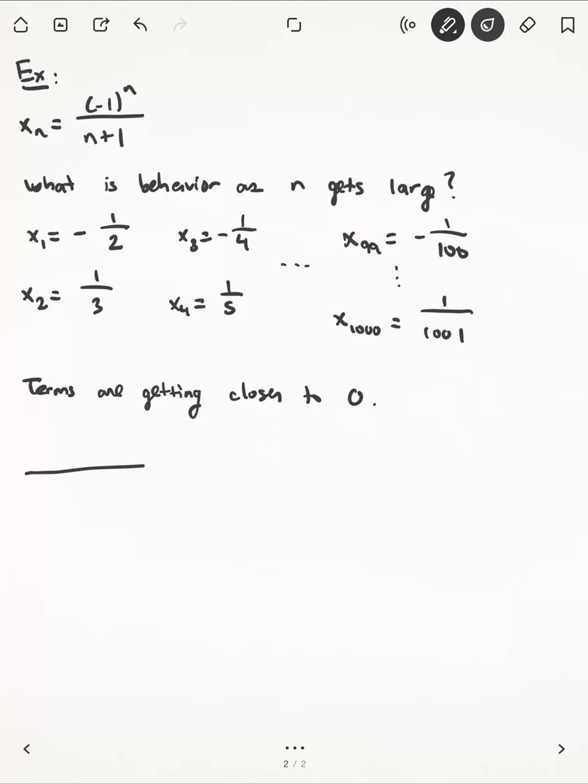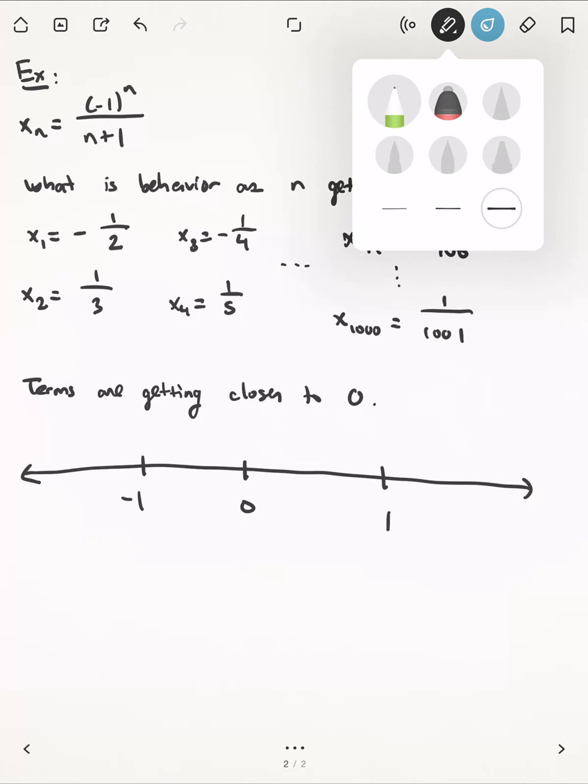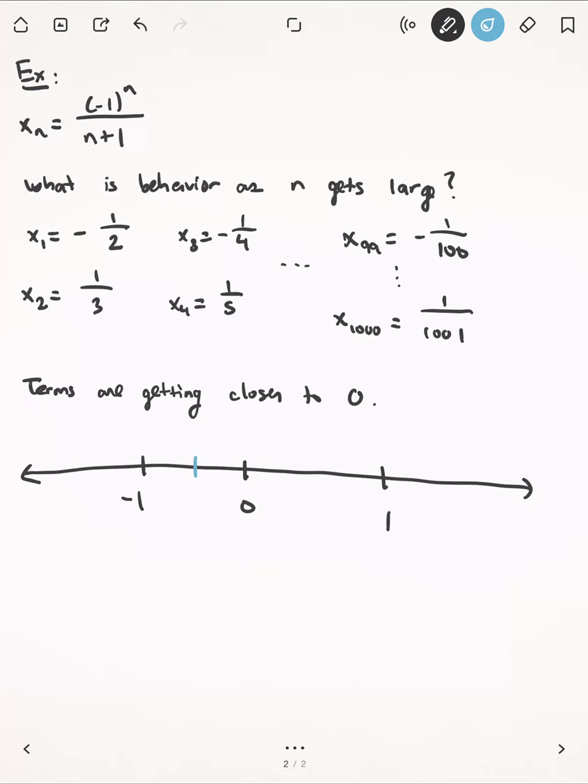Right, so we can actually draw this as a picture. Let's say I have 0 here, and here's -1, and here's 1. x1 is here, and then x2 is here, x3 is here, and then x4 is here, and then x5 would be, what would x5 be?